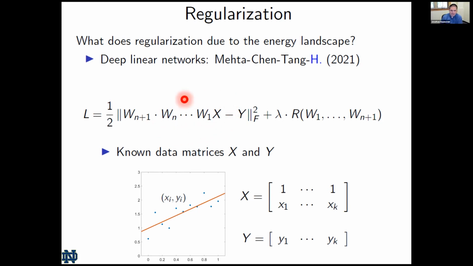So we want to best fit our data, but we also want to do this in response to this Tikhonov regularization. We don't want these values to get too big. We want to keep the entries of W small. And so, of course, the best fit line fits exactly into this structure here. So best fit lines can be solved in a deep linear network.